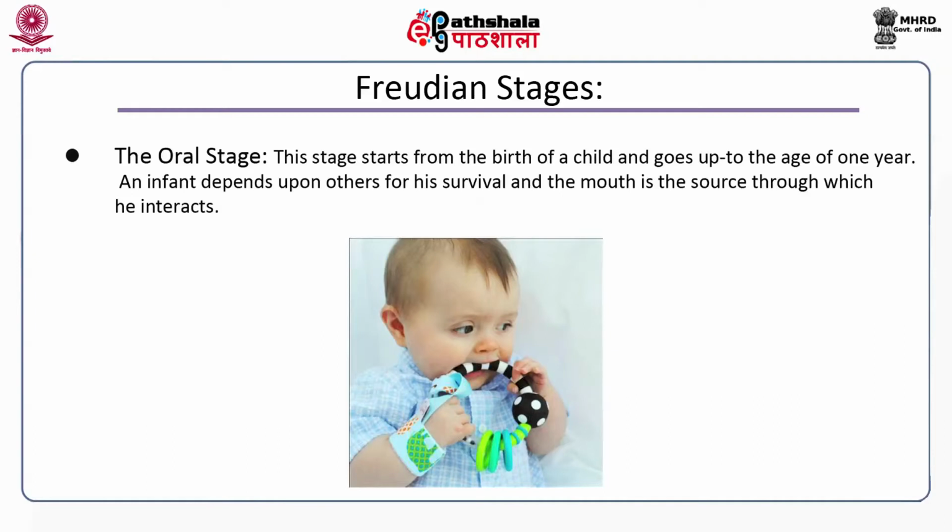The infant derives pleasure from oral stimulation through gratifying activities like sucking, biting, eating, etc. A sense of comfort and trust is developed at this stage. According to Freud, excessive or insufficient stimulation during the oral stage may lead to the development of an oral passive personality in adulthood, with traits like more dependency and aggression.